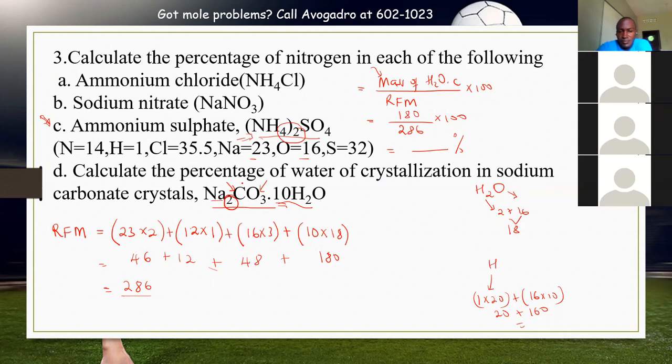Yes, sir. If you look at part C, can you help us identify how many atoms of each element present in ammonium sulfate? Can you kind of tell we have maybe 7 nitrogen atoms, 4 hydrogen atoms, 7 sulfur atoms, and so on? Is there a way you can tell?